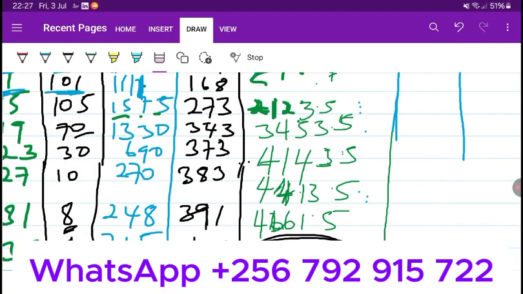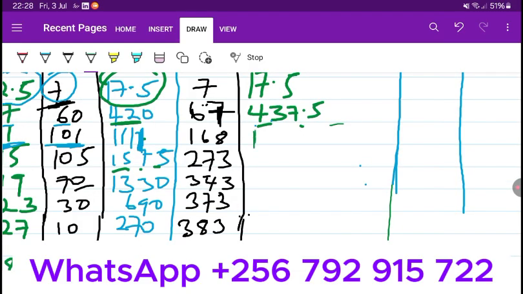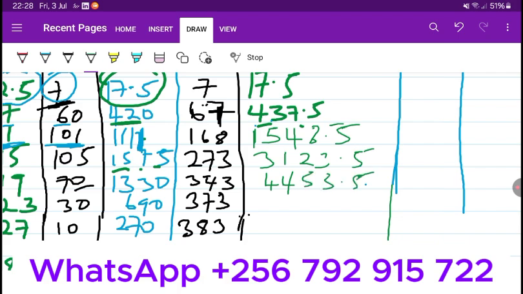Let me adjust with the right values. So this one is supposed to be 1548.5. This one is 3123.5. This is 4453.5, and this is 5143.5.